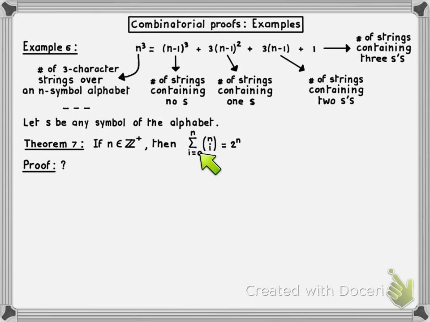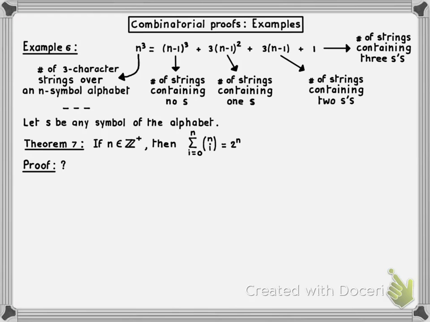When i equals 1, this expression is the number of subsets of size 1, and so on and so forth until i is equal to n, where n choose n is the number of subsets of size n. So this is exactly the expression that we were looking for. This is the sum of all the numbers of subsets of a given size from size i equals 0 all the way to size n.